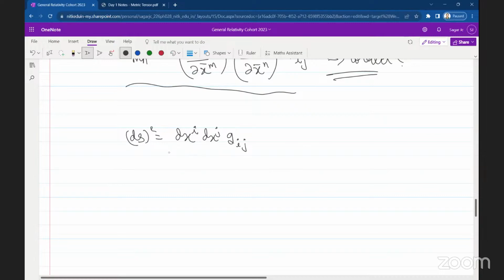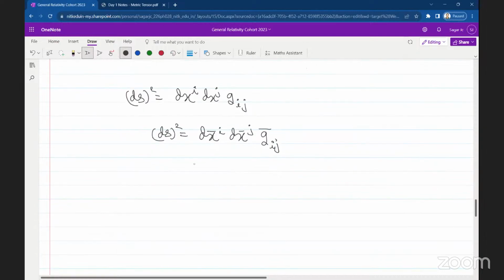Now when we transform the coordinates, ds square remains as it is. It is an invariant quantity. Every observer agrees upon what the value of ds square is. So if ds square is an invariant, what will change when we change the coordinate system? It will be dx bar i dx bar j g bar ij, right?